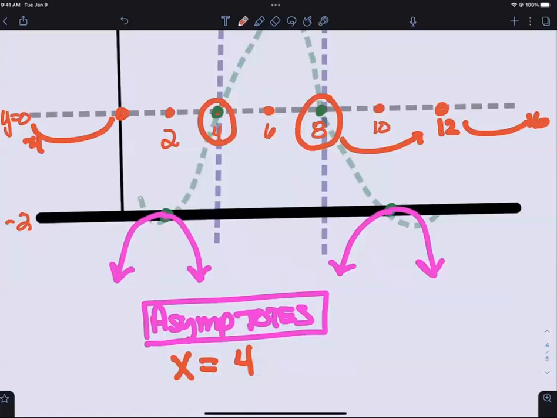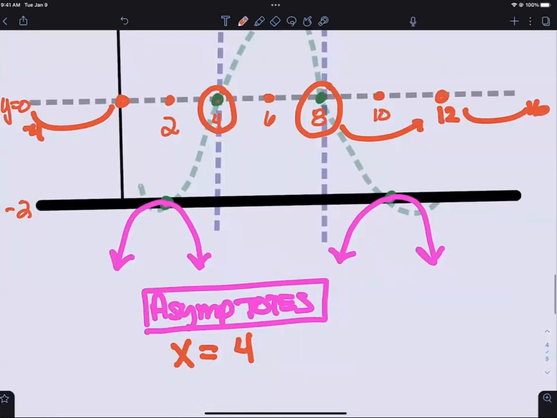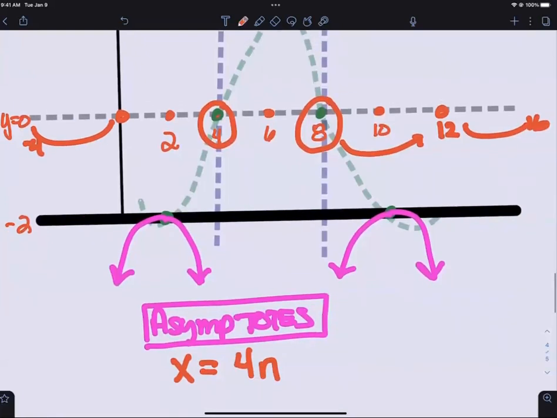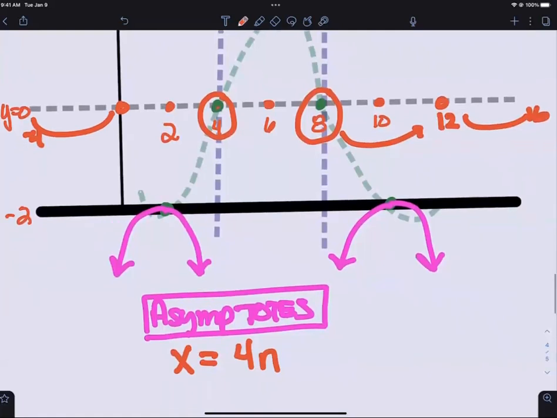And the way that you would describe that, looking at my notes, where did I put this? The way that I would describe that, I would just say it's multiples of 4. I'm starting at 4 and I'm traveling multiples of 4. So each vertical line would occur in an increment of 4, and then you need to say that n is an integer.